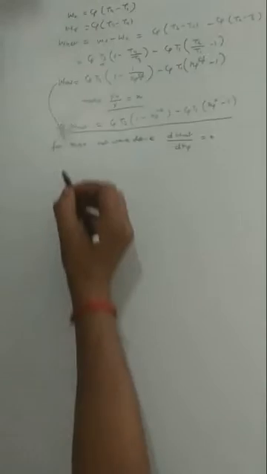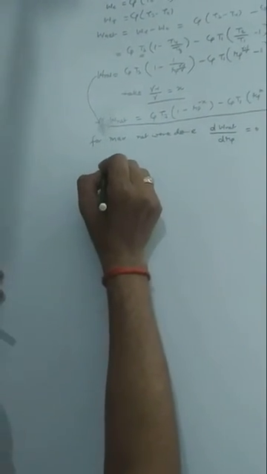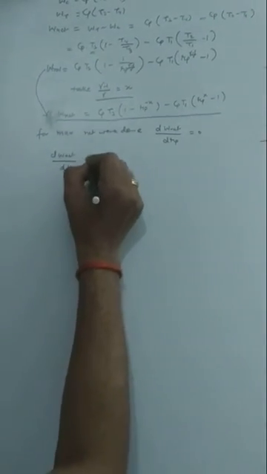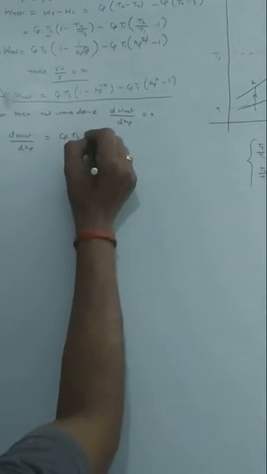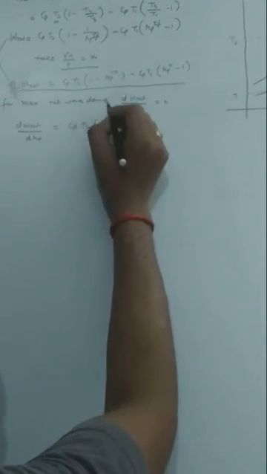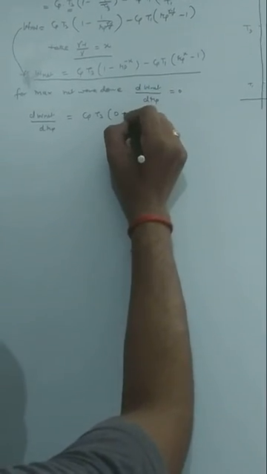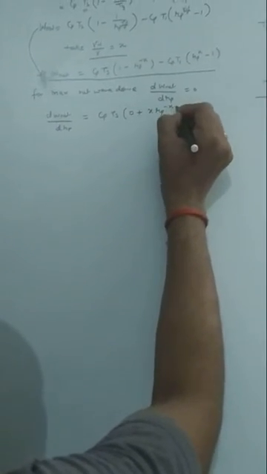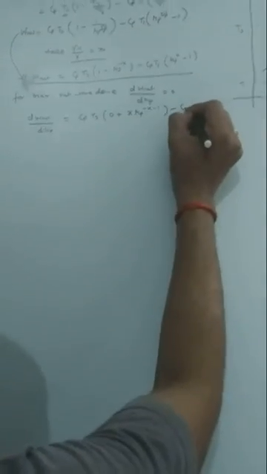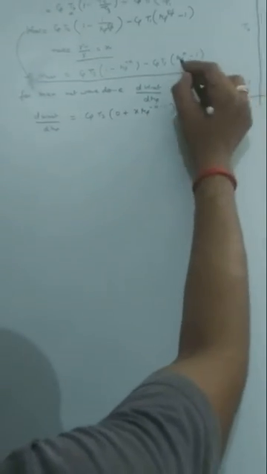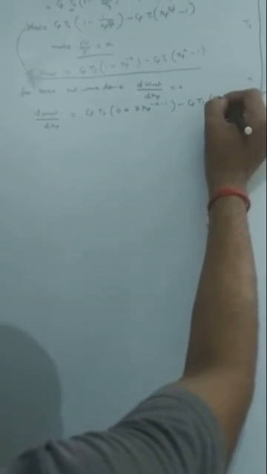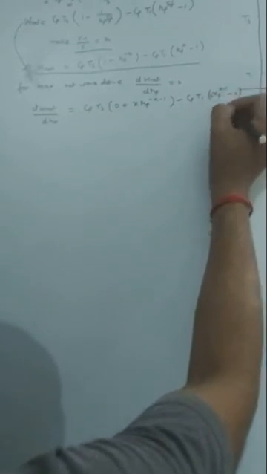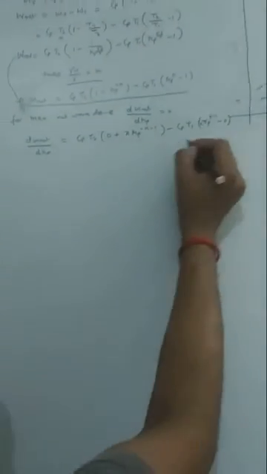So we get d of W net divided by d of Rp is equal to Cp of T3 (differentiation of 1 is 0, plus x Rp to the power minus x minus 1) minus Cp of T1, which is constant, times x Rp to the power x minus 1, minus 0. So equate this as 0.